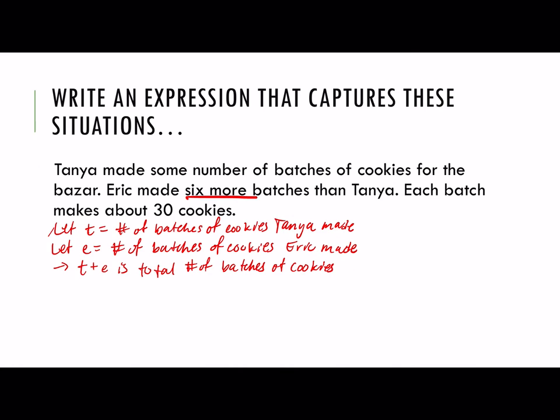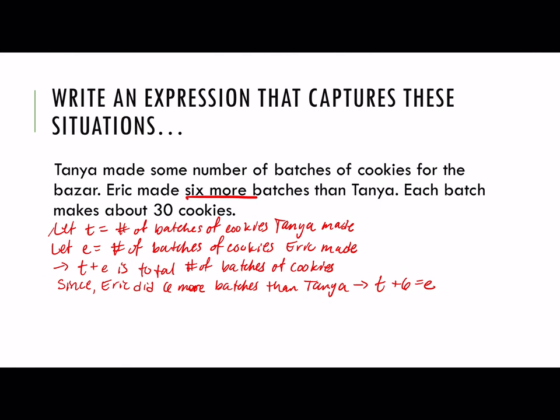Since Eric did 6 more batches than Tanya, we can say that Tanya's number of batches plus 6 is equal to the number of batches that Eric makes.